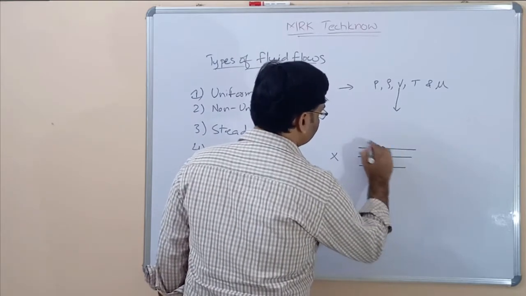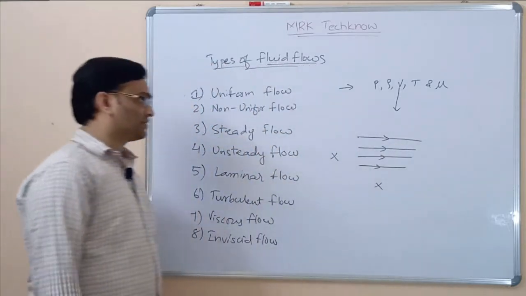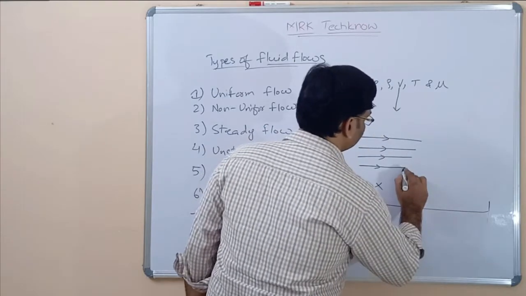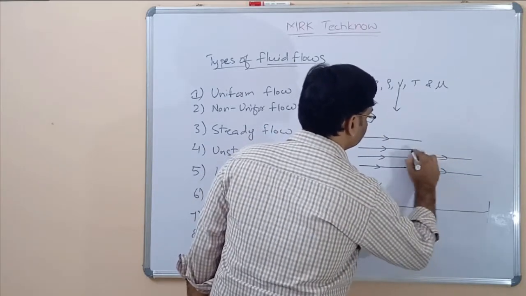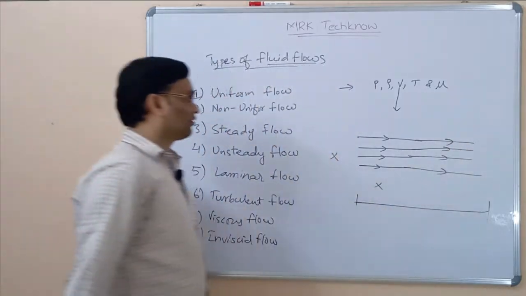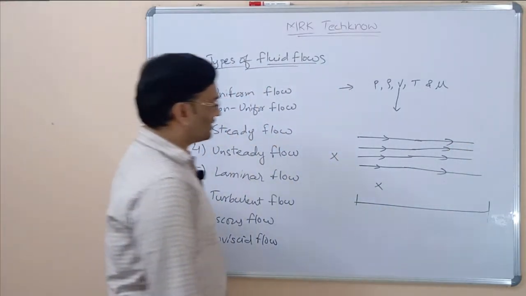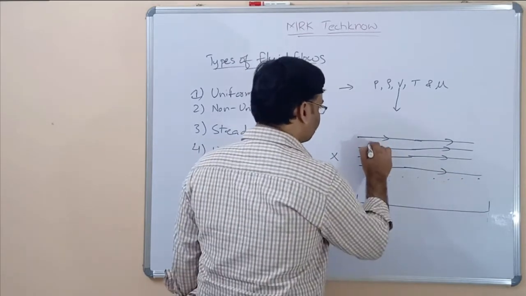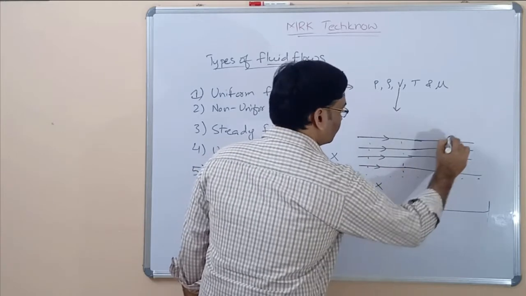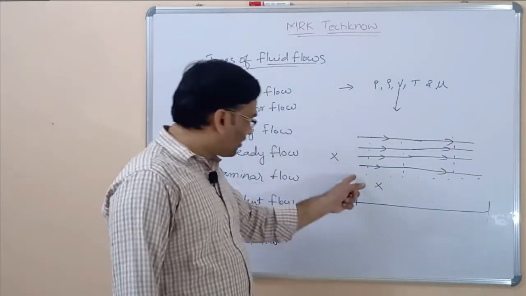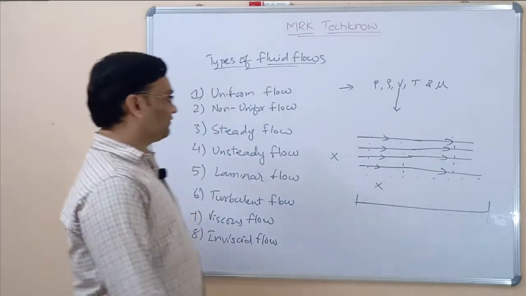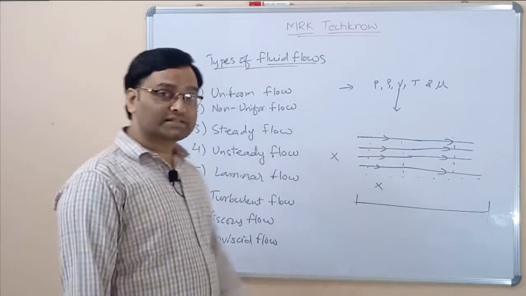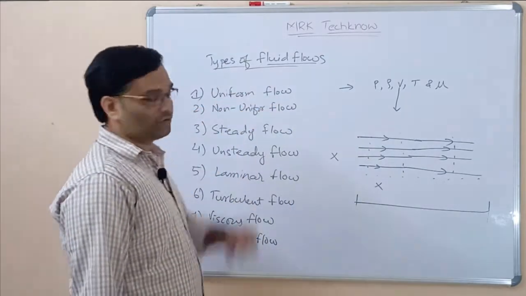A fluid flow is passing from left to right in the x direction, and this is my considered area of the fluid flow. The fluid flow is happening in this length and in this height. Now if I measure the velocity at any point along this length and at any height along this area, if the velocity parameter remains constant, the same everywhere, such a kind of flow is called uniform flow.